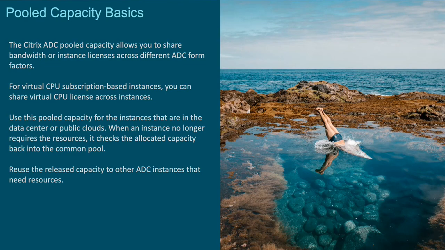Those licenses are allocated on boot. So in order to change that license, you're going to need to shut down the instance, change the number of CPUs you've got allocated to that virtual machine, and then bring the virtual machine back up.